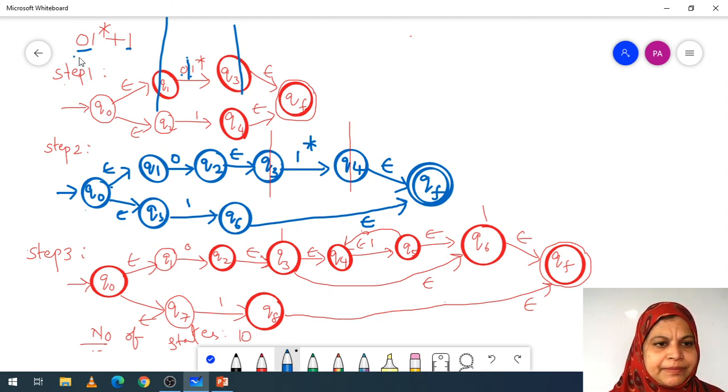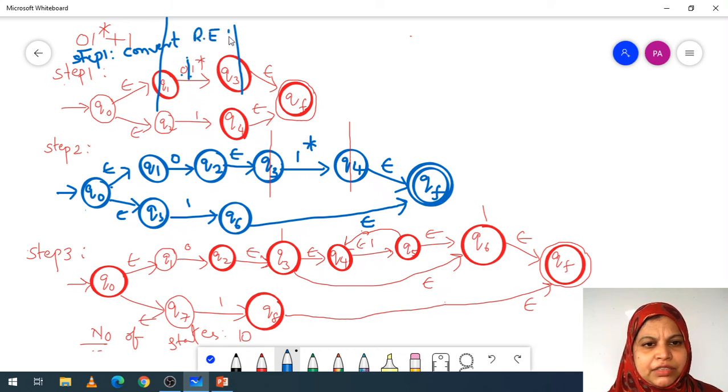So what is my step 1 here? Convert RE to NFA with epsilon moves. Now, my step 2. What is my step 2 here?